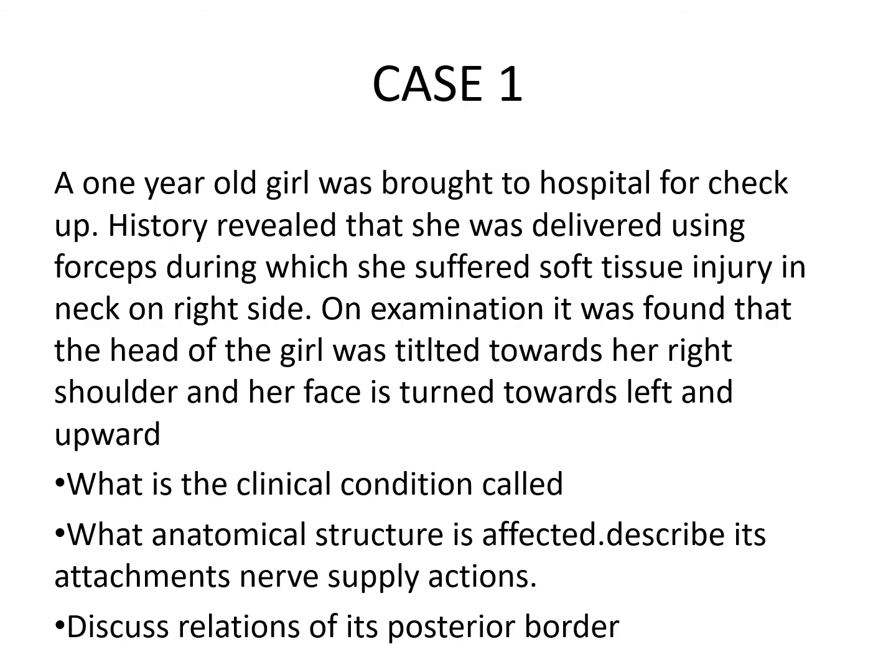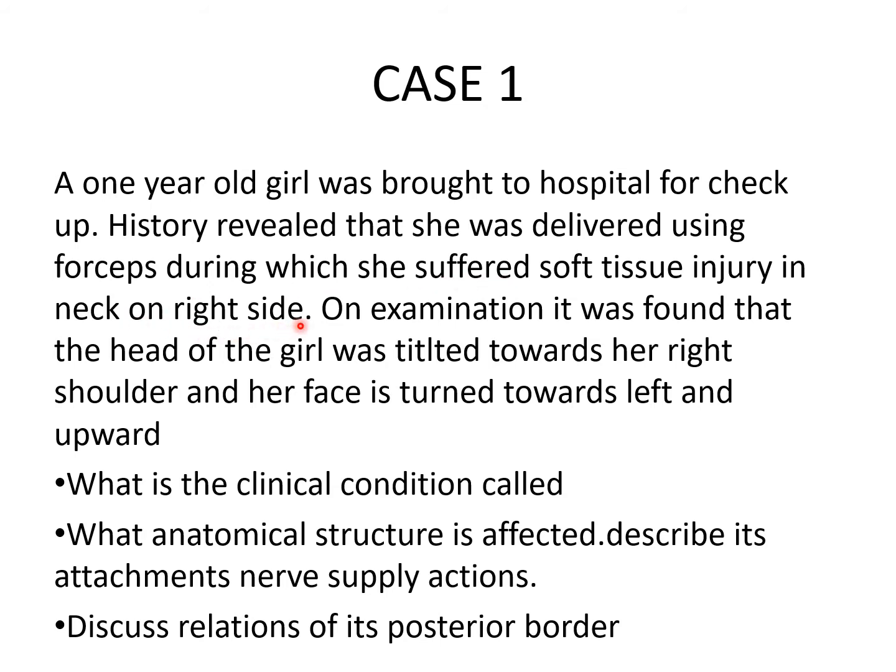Let us now discuss a case scenario. A 1-year-old girl was brought to the hospital for checkup. History revealed that she was delivered using forceps, during which she suffered soft tissue injury in the neck on right side.